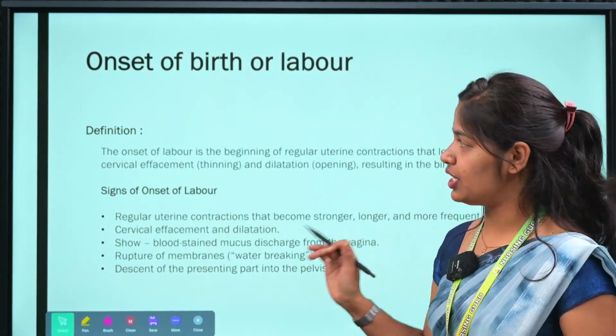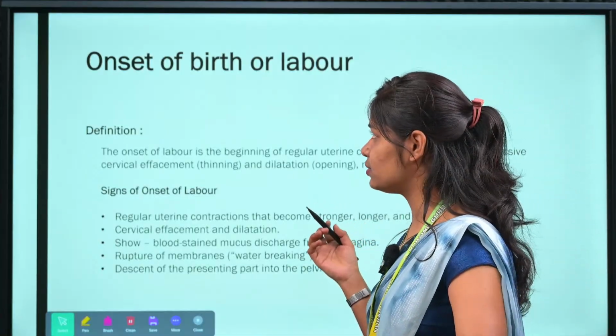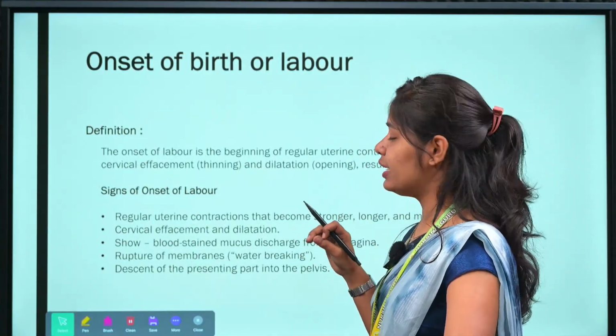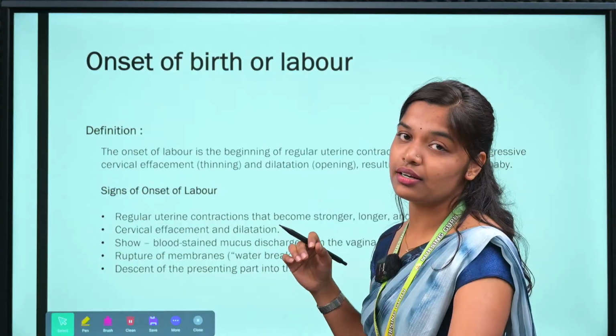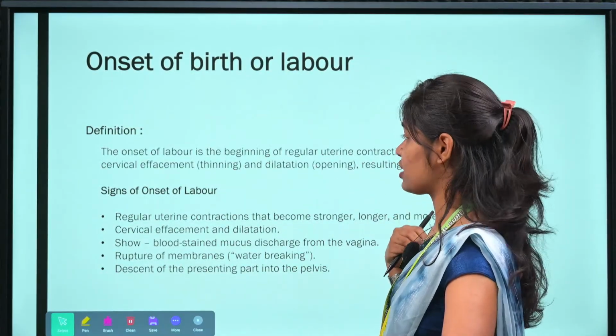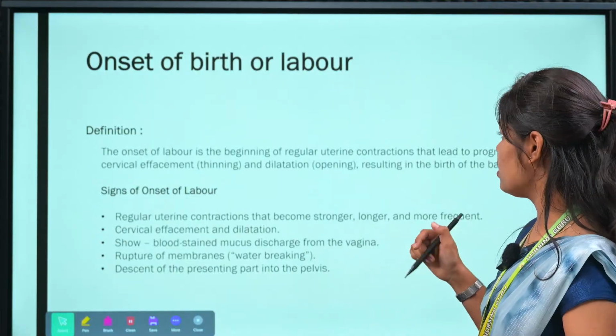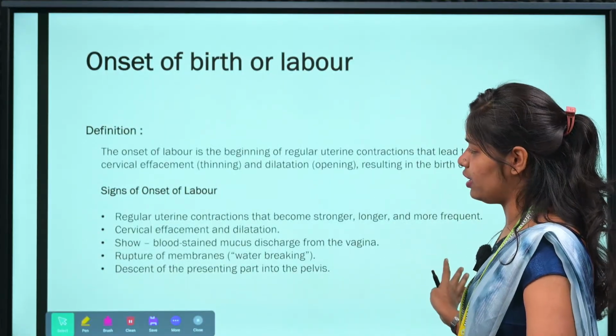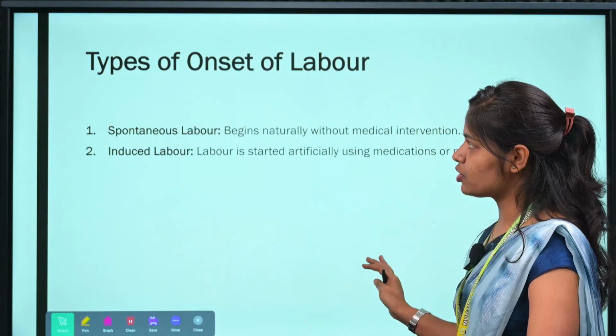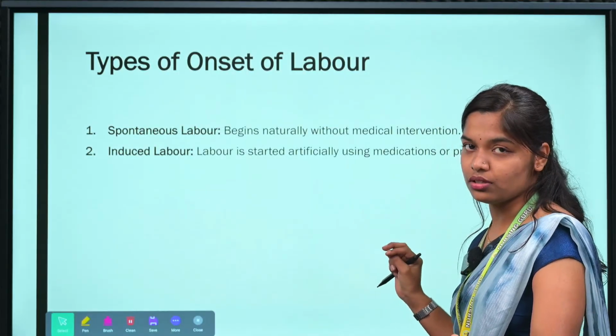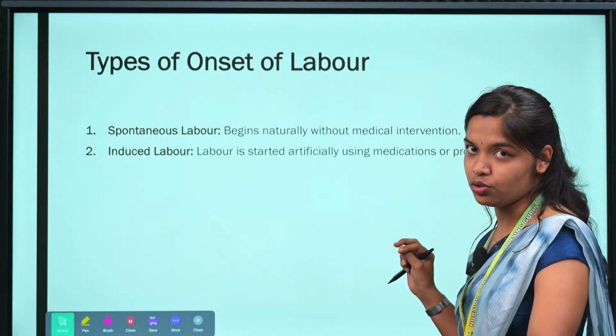also called the observation stage. Next, onset of labor begins with the uterine contractions that lead to cervical effacement, dilatation and result in the birth of the baby. There are two types of onset of labor: spontaneous labor and induced labor.